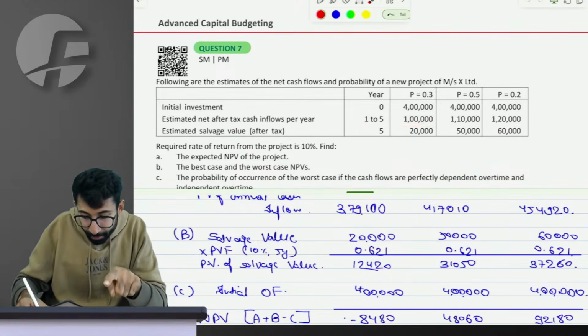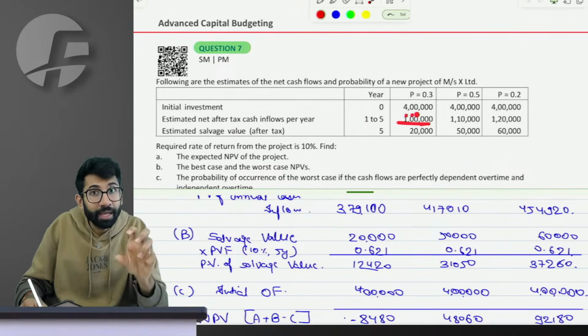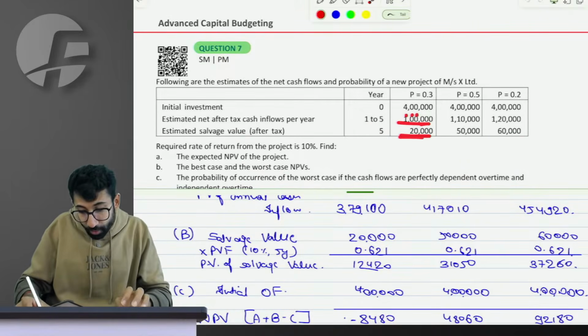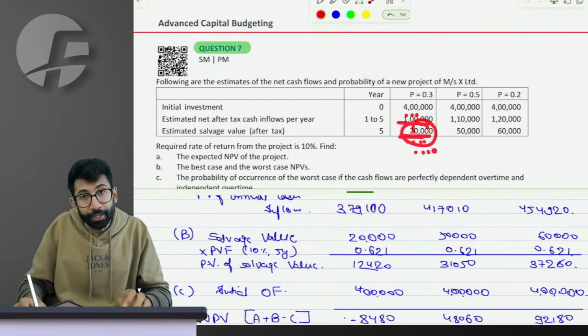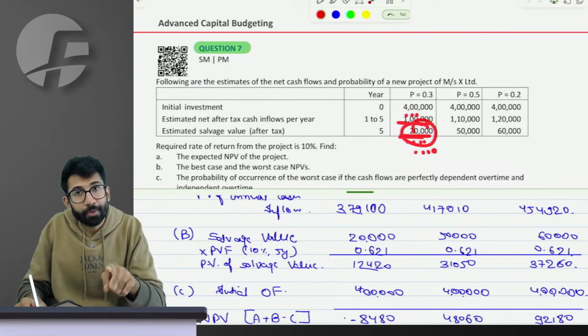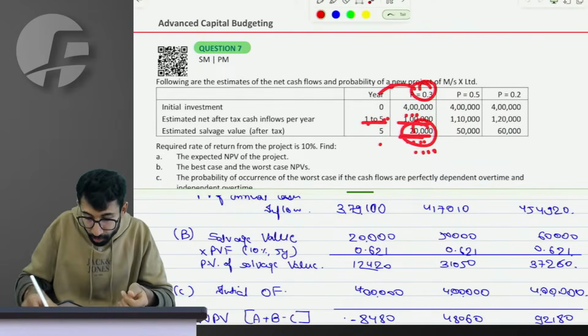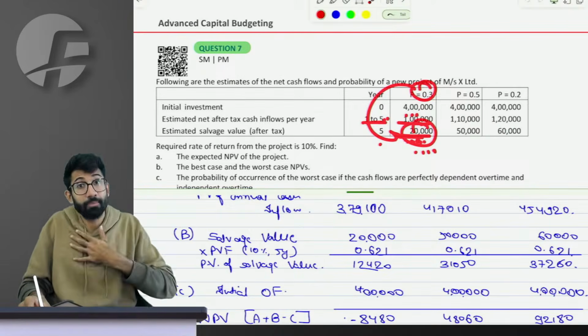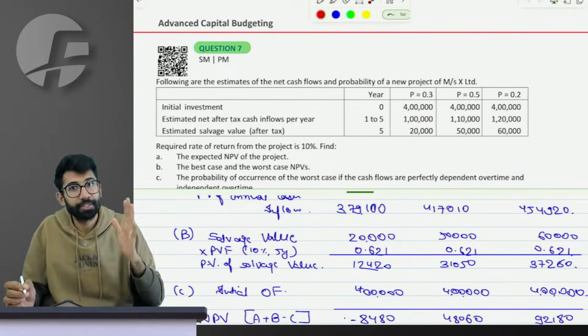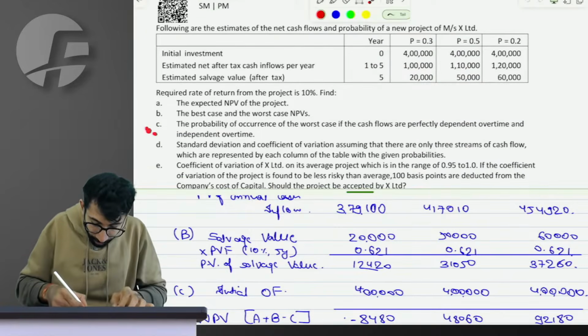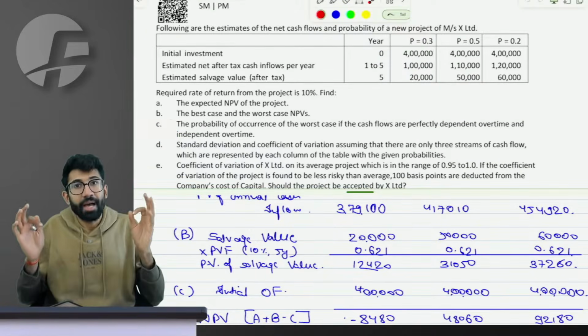The worst case happens when in the 5th year you get 1 lakh and you get 20,000 of salvage value, which should also be considered for probability. So it is 0.3 into 0.3, not 5 times, but also for the salvage value a 6th time, in my opinion, which the institute has missed. Please, on this particular part C, I need your validation.